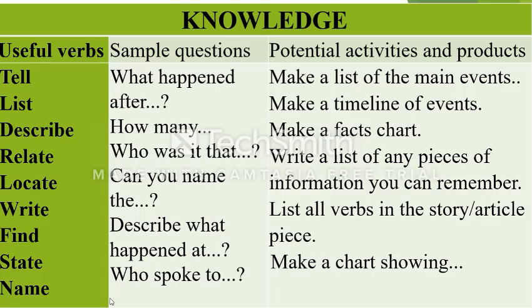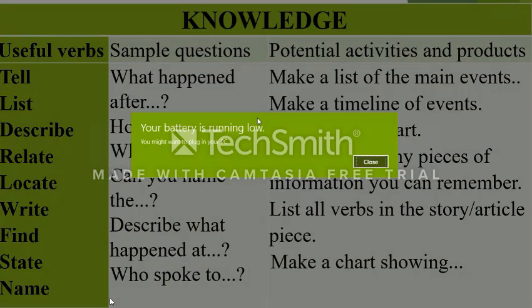Knowledge involves the recall of specifics and universals, the recall of methods and process, or the recall of pattern, structure, setting. Knowledge is the basic level. Knowledge is the lowest level.